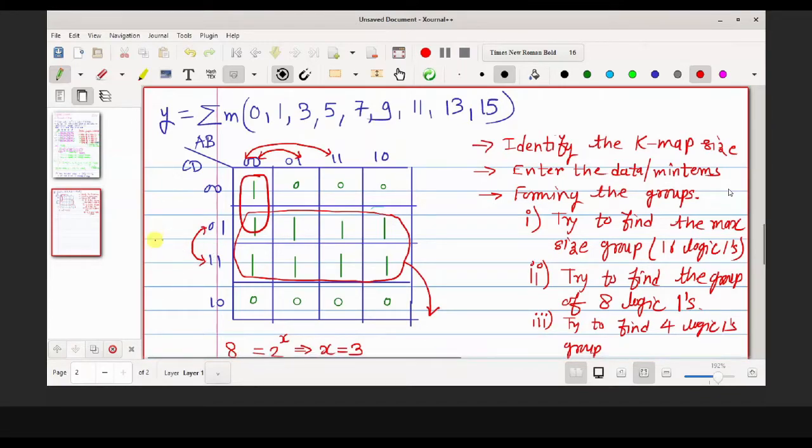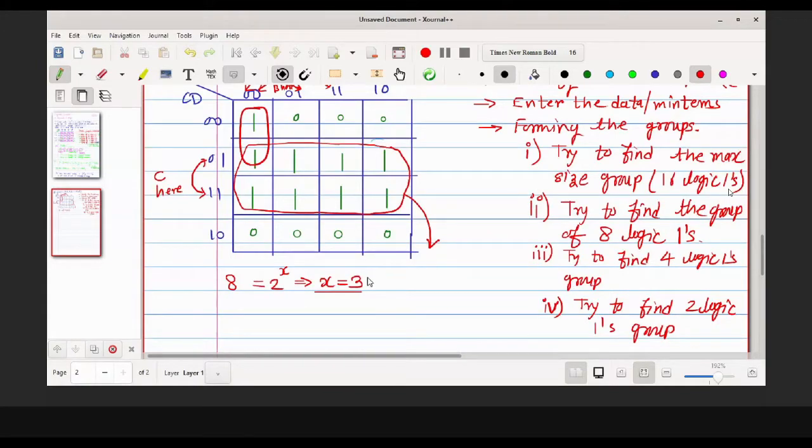So I can throw out the variable C. So A changes, B changes, so two variables, and here also C changed. So total three variable changes. So this condition is true. Therefore, this particular group is a valid group.